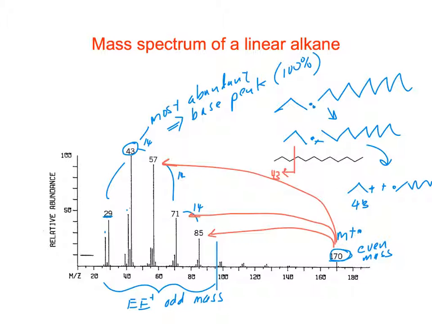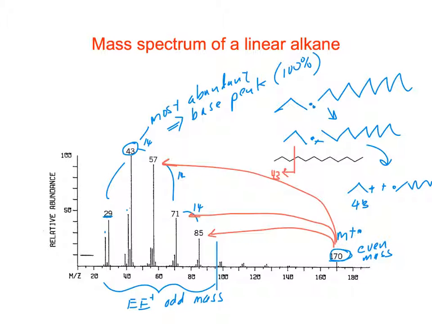Cleave at either end, and the charge goes to the smaller piece. In general, what we see most often is the loss of the larger mass radical. So if it ionizes at that bond, we lose the large mass radical and get the smaller cation.